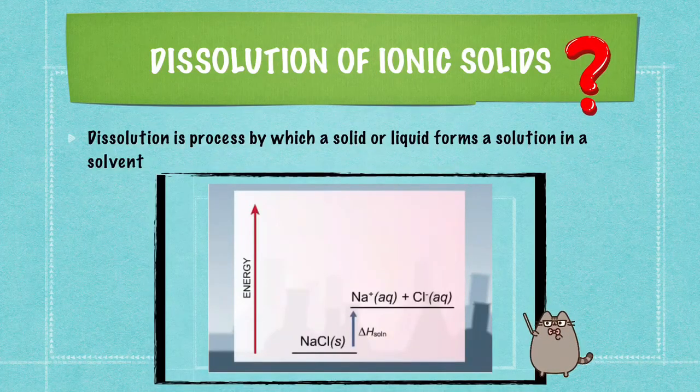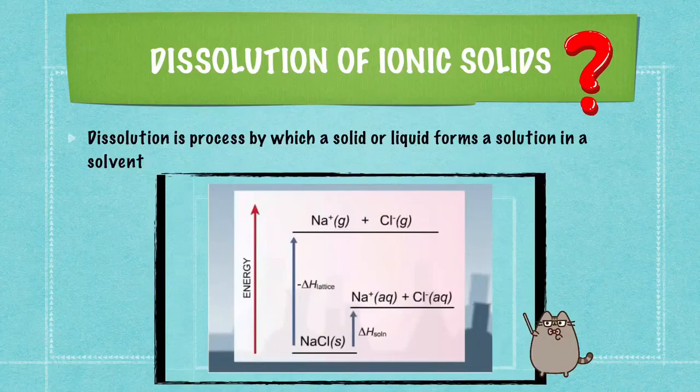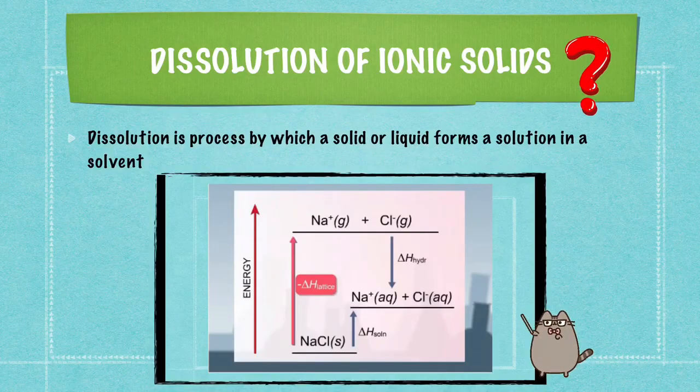Using Hess's law, we can divide this process into 2 successive steps: breaking down all the cation-anion interactions in the crystal lattice, and hydration of the resulting ions. The first step requires an input of energy equal to the lattice energy taken with the opposite sign.